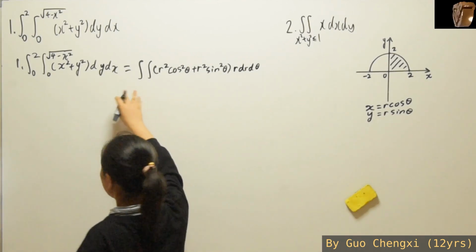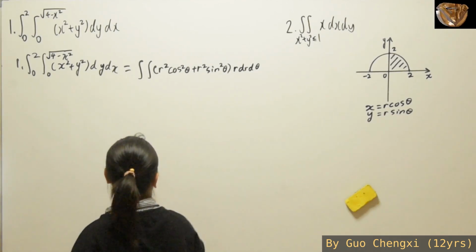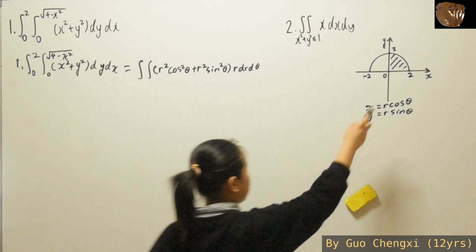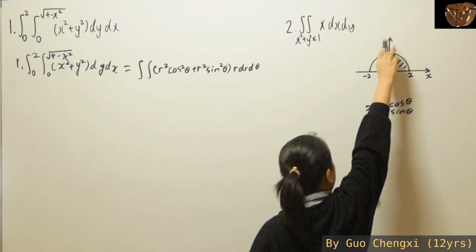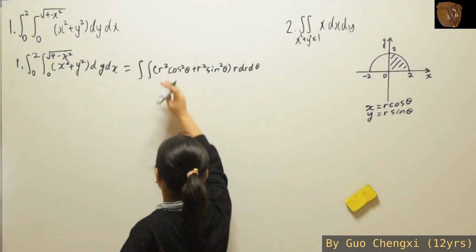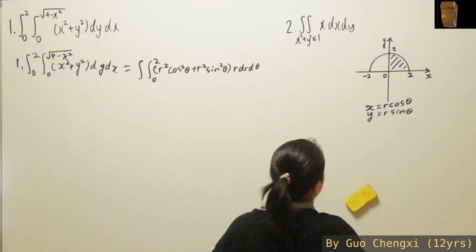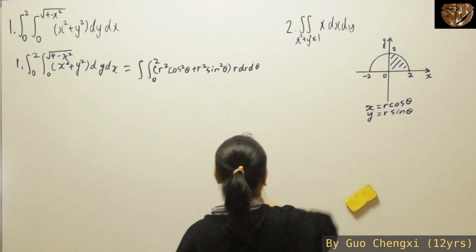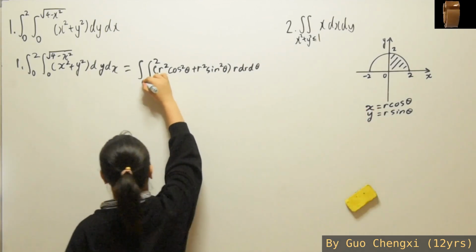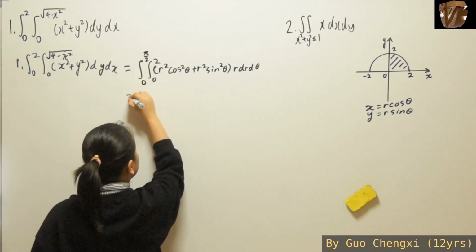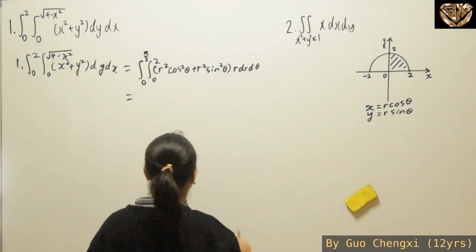For our r, it's pretty obvious that it's going to be from 0 to 2 all the way. For our theta, we have this quadrant, so it will be from 0 to pi over 2. Now what do we have for the integrand?